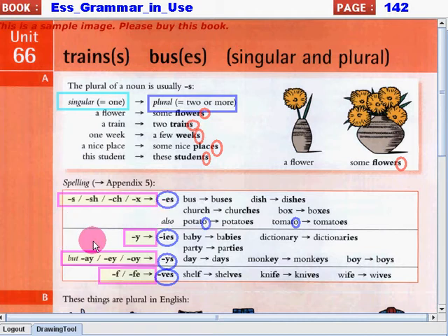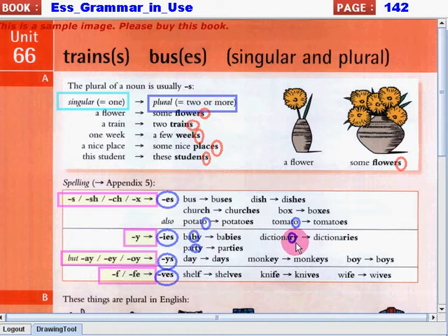And then, if the word ends in Y, preceded by a consonant, that means we have to change Y into IES.